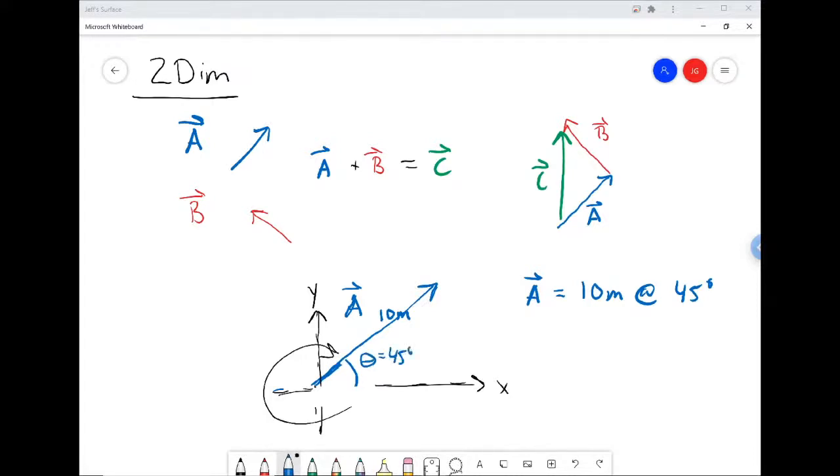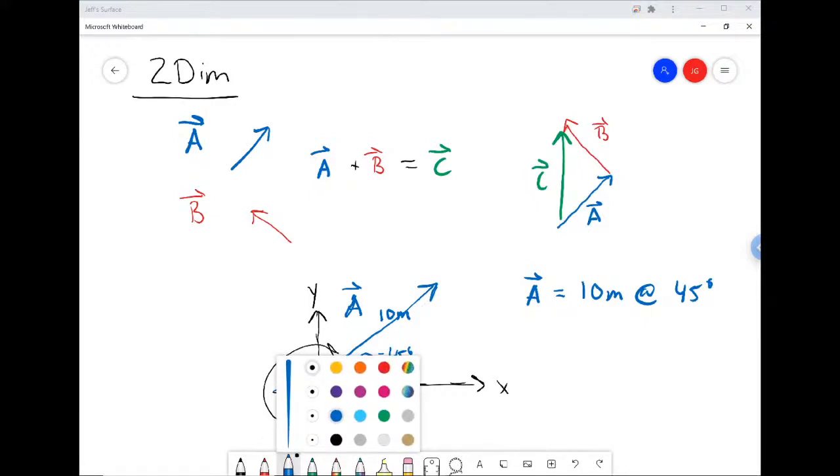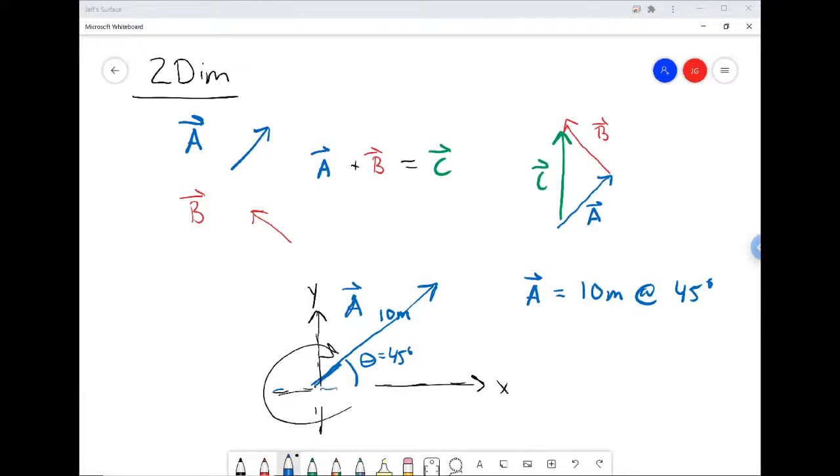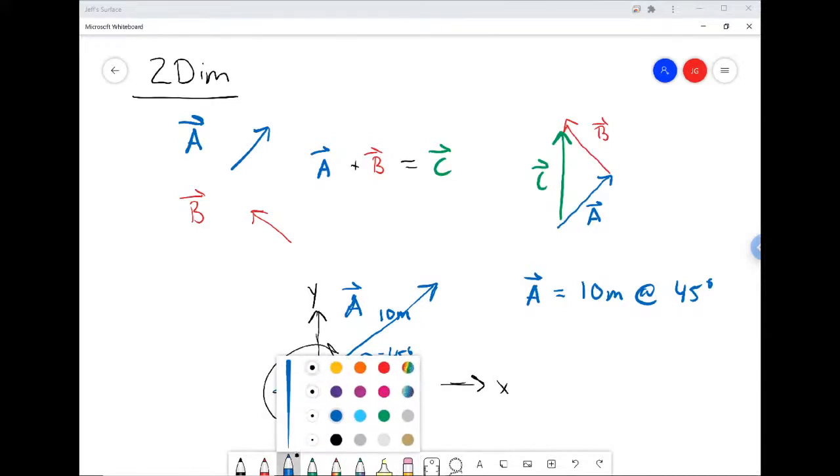I'm going to make a little space here. So another way I could think about A is the sum of a vector. Make it a little bigger.